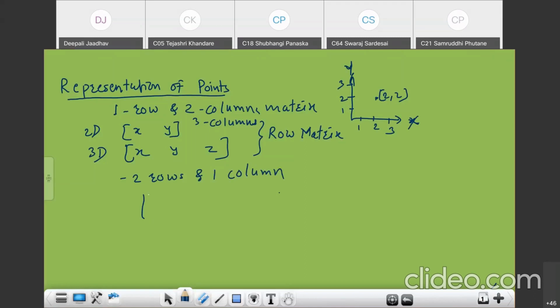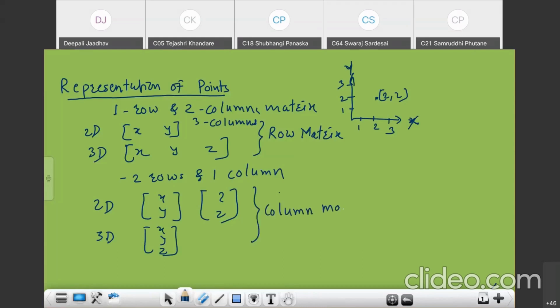In 2D, it is x, y, meaning this point 2, 2 is represented like this: x-axis it is 2 and y-axis it is 2. And in 3D, it is represented as x, y, and z, which is known as column matrix representation.